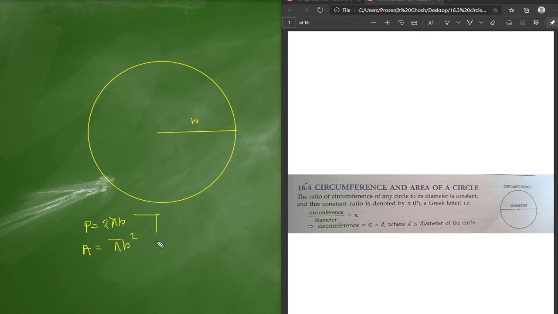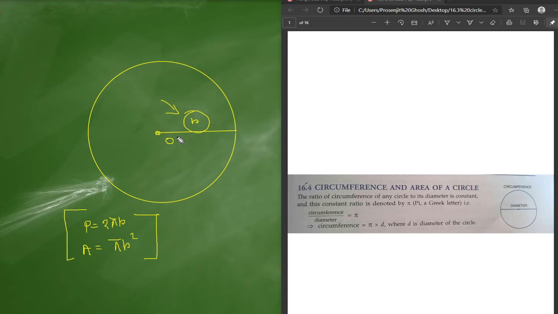So as you can see, the perimeter and the area all depend upon the radius of the circle. So the most important thing for the sums of a circle is the radius. For each kind of mensuration sum for a circle, you have to find the radius first.